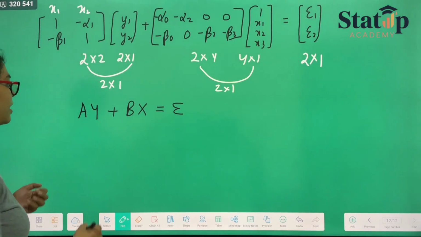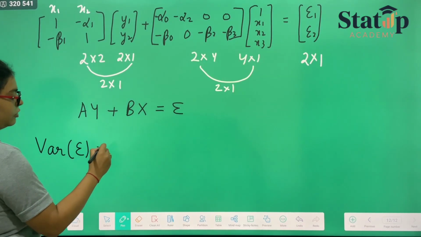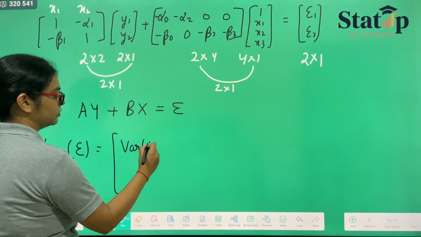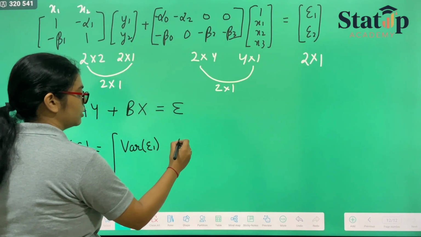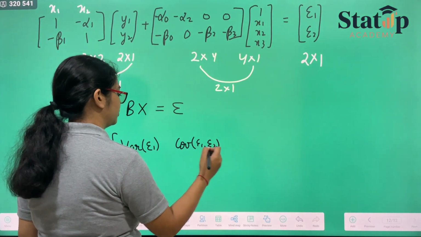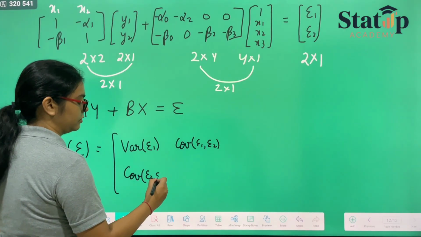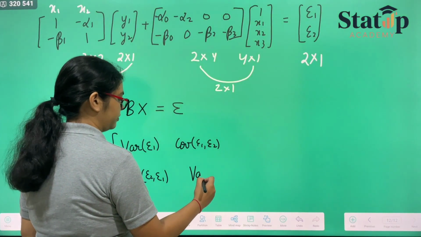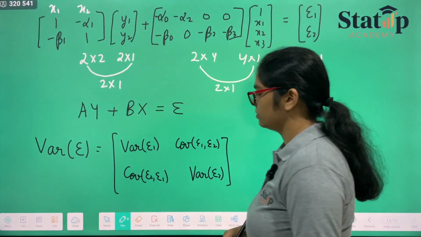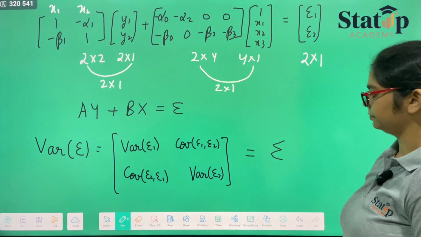Now we can calculate the variance of epsilon. Variance of epsilon will be: variance of epsilon 1, covariance of epsilon 1, epsilon 2, covariance of epsilon 2, epsilon 1, and variance of epsilon 2. This will be it, and we can write it as sigma.